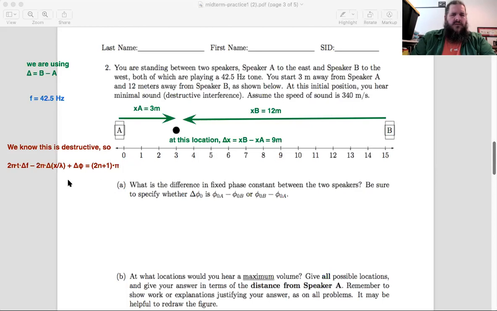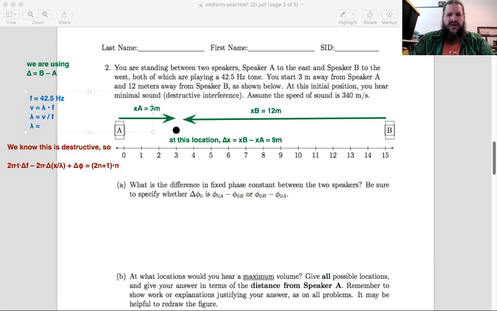And what can we fill in here? What values do we know? We have the frequency, and because we have velocity and frequency, we can find the wavelength. We know that speed equals wavelength times frequency, so wavelength is going to be speed over frequency.